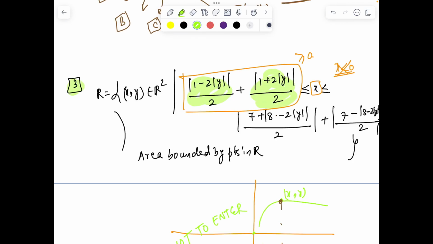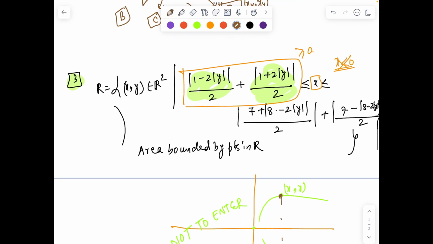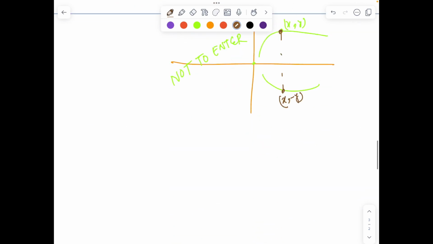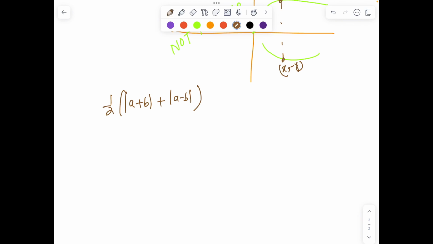So let's see this. The more technical point is that what is written over here can be decoded, and this kind of idea is already asked in JEE once. It's a nice problem based on those ideas. You can see we have terms here like half times mod of a plus b plus mod of a minus b. That's the structure of terms in LHS as well as RHS.